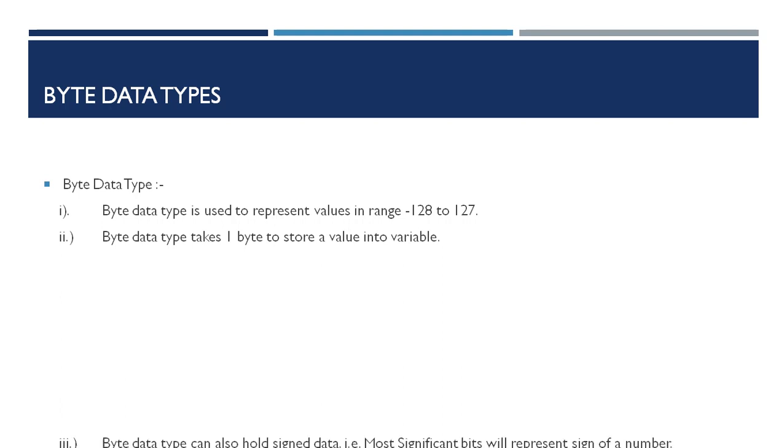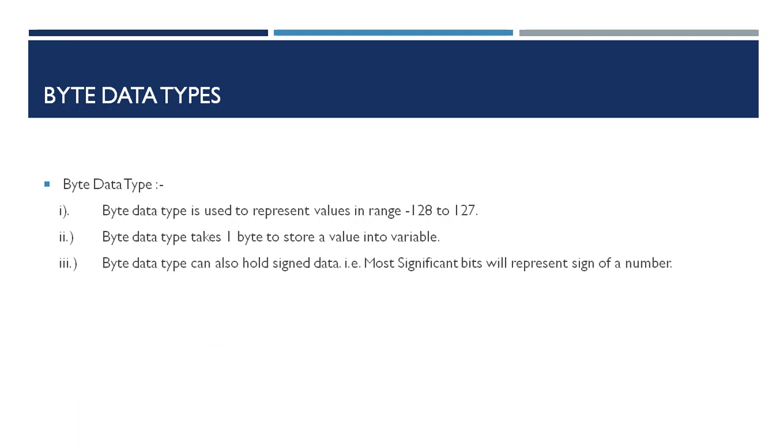We can also represent signed data, like negative data, through the byte data type. The very first bit of the number represents the sign, as you can see in this diagram, and the other 7 bits represent the number.